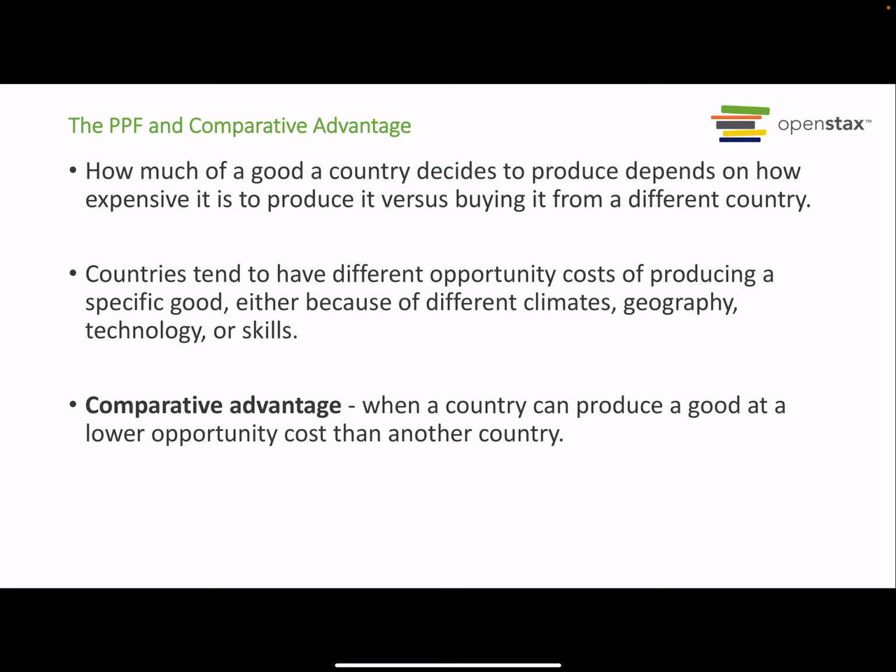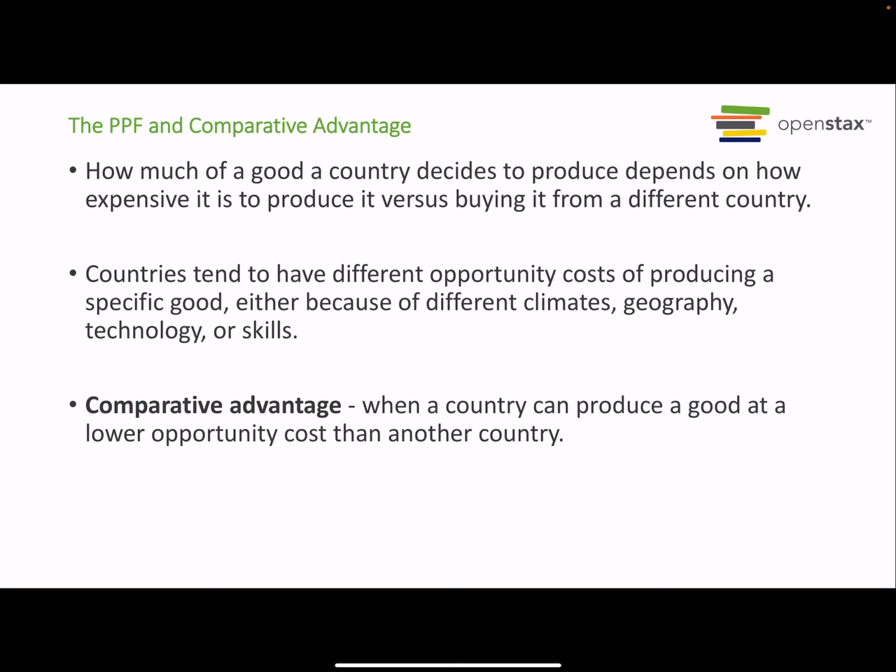So what are we going to decide, right? How are we going to figure out what we produce? How are we going to figure out what we buy from other countries, maybe? This brings us to the idea of comparative advantage. So countries have different opportunity costs of producing things. It could be due to climate, right? A lot of coffee drinkers in the United States. Guess what?